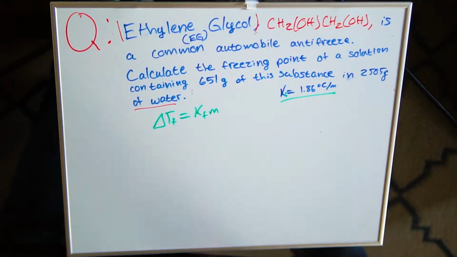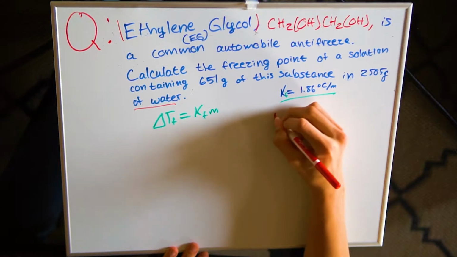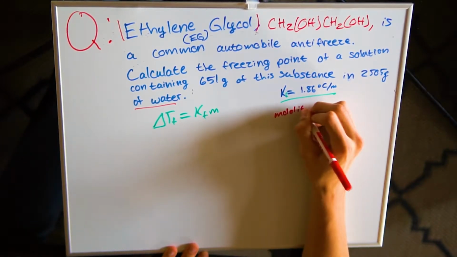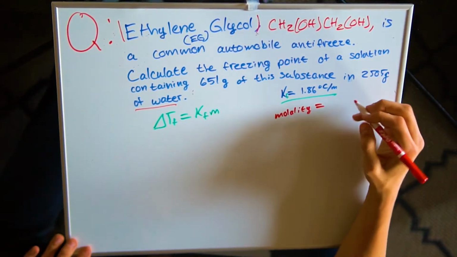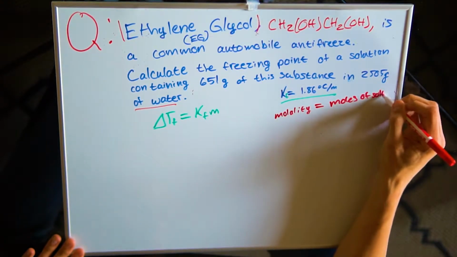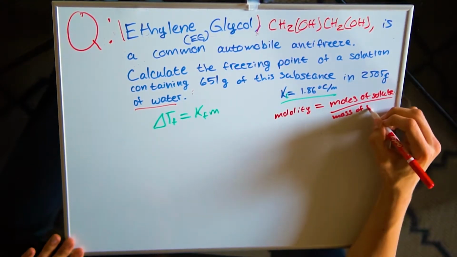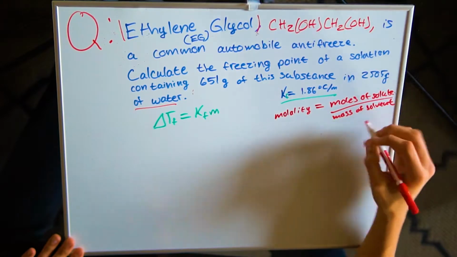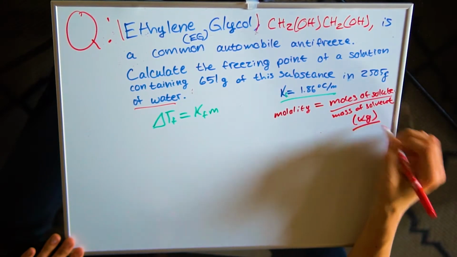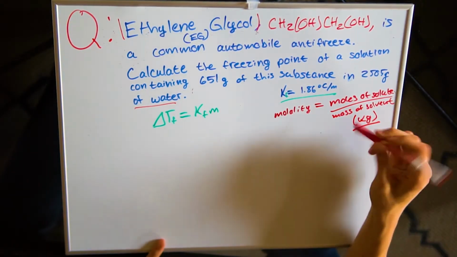So in order to figure out molality, it's defined as the moles of solute over our mass of solvent. But you gotta watch out because this is in kilograms. So first thing we gotta do is figure out how many moles of solute we have.